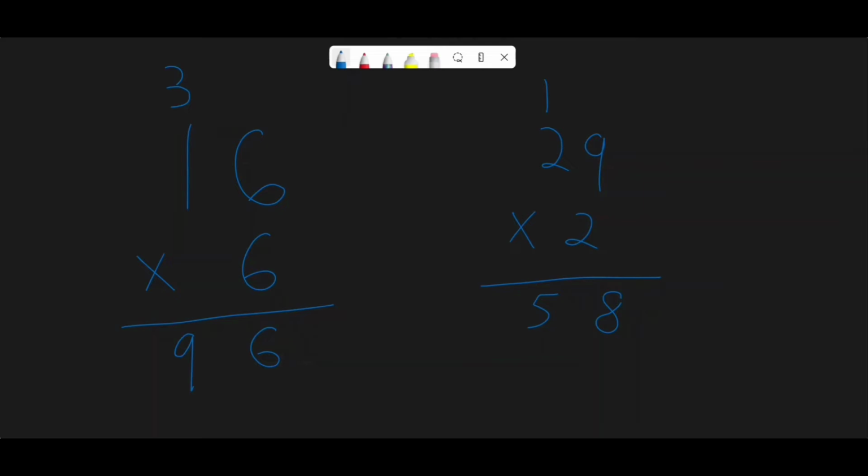So now we're going to get into multiplying two-digit numbers by two-digit numbers. So it gets a little bit more difficult. So we're going to take 13 times 12. So again, focus on the first column.